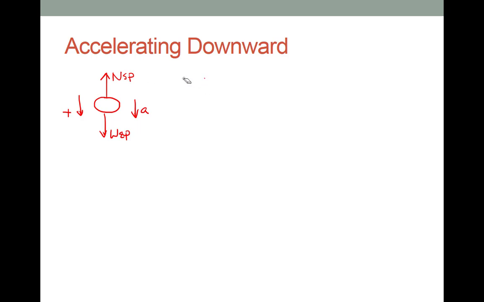Let's not start there. Sorry. Let's start with Newton's second law. F net equals ma. Now take all the forces in the positive direction and subtract off all the forces in the other direction. And that equals ma. So in other words, the normal force is going to equal the weight minus ma.